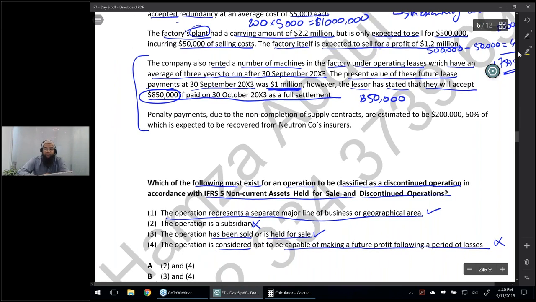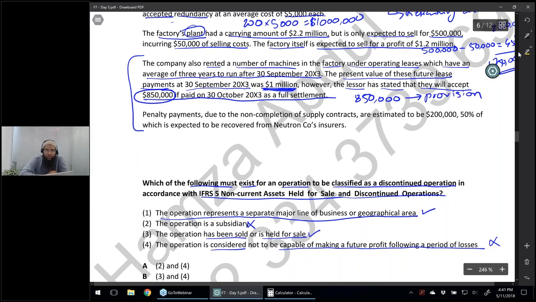against lease. And then the question further says that penalty payments due to non-completion of supply contracts are estimated to be $200,000. So $200,000 penalty is going to be paid on the contract termination. So we will be recording provision for that too. 50% of which is expected to be recovered from Neutron's insurers. So we are expecting that 50% will be recovered.